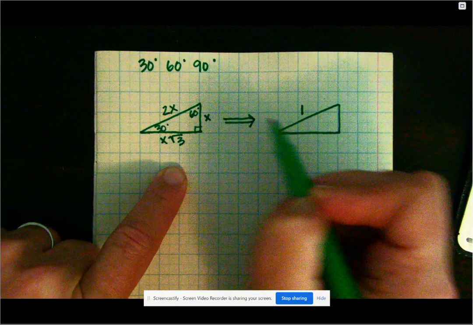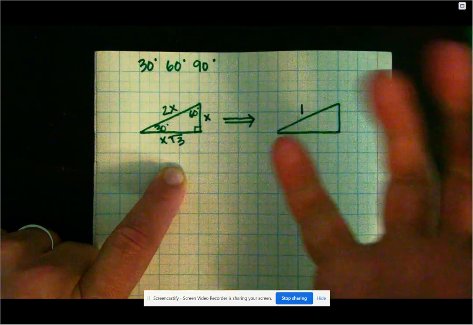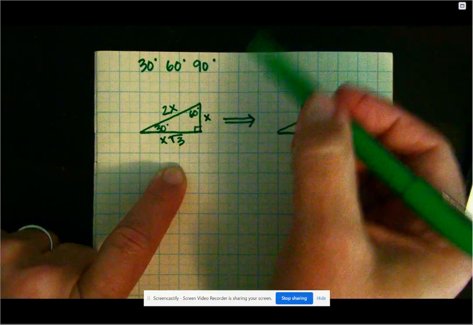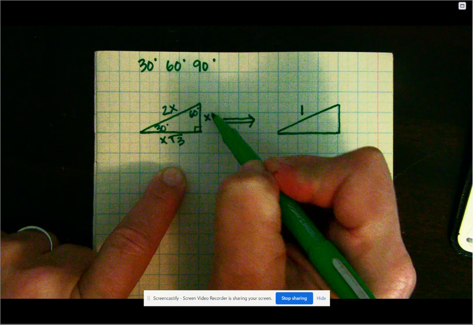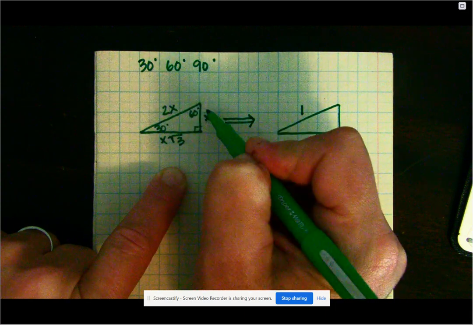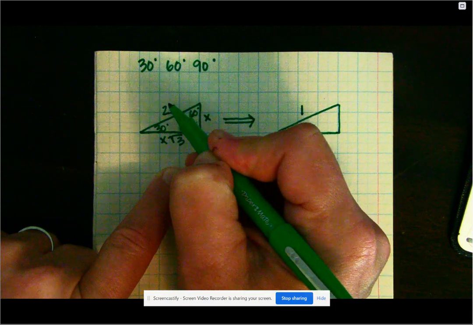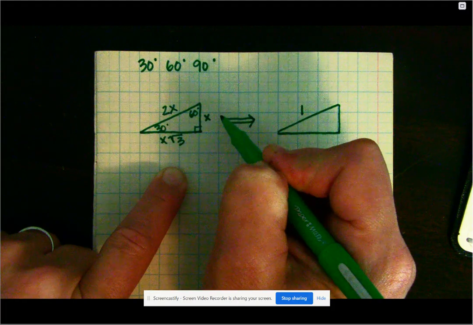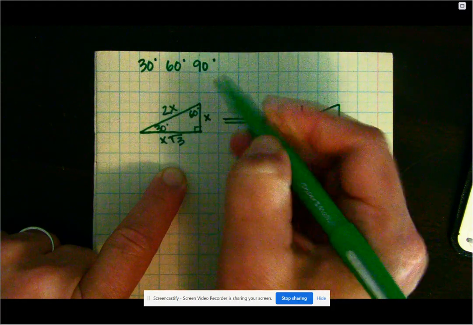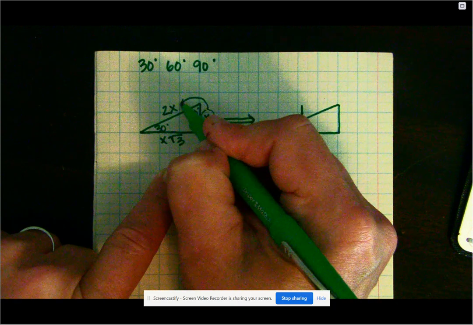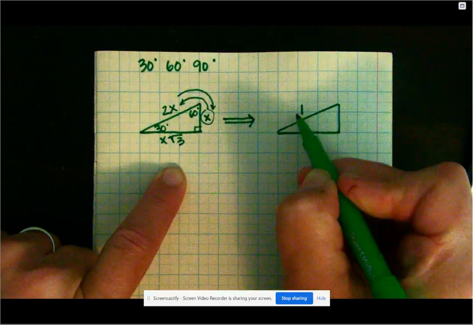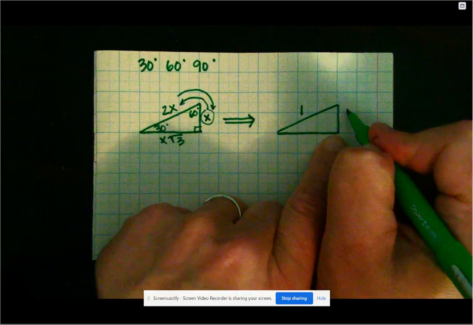So one way to do it, if we just use the principles of algebra working backwards: if you take the short side and double it to get the hypotenuse, to get from the hypotenuse back to the shorter side, you would cut it in half. So if we double going this way, we're going to take half of it. So half of 1 is 1/2.